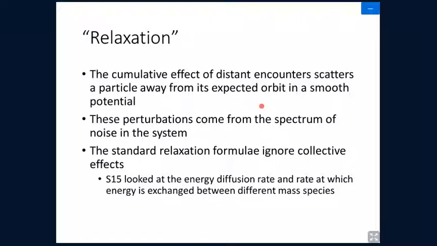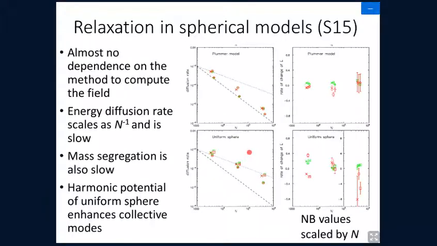Sorry, I was trying to go to the next page. What's happening here is that I'm trying to measure the rate at which the system is relaxing, which means that the energies of individual particles, which should be a conserved quantity, are changing. And so I can measure the diffusion rate of the energy of each particle in the simulations.